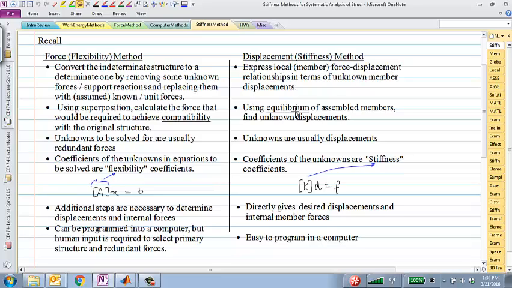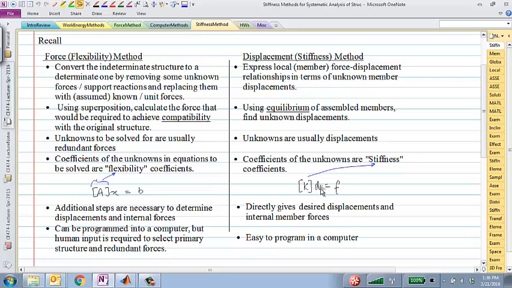Okay. Here, you'll also end up getting a system of equations that looks like KD = F. K is the stiffness matrix, D being the displacement coefficients of all the degrees of freedom in the structure, whether it's a truss or a frame or whatever, and F being the external forces being applied to the structure.